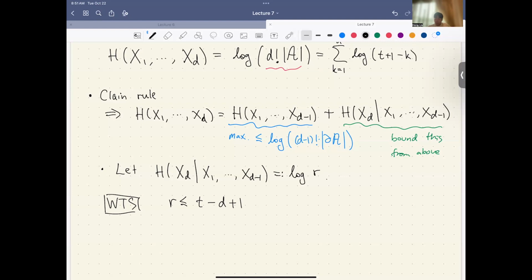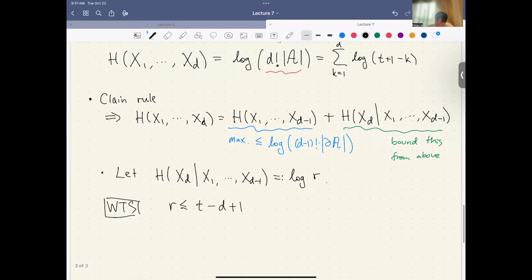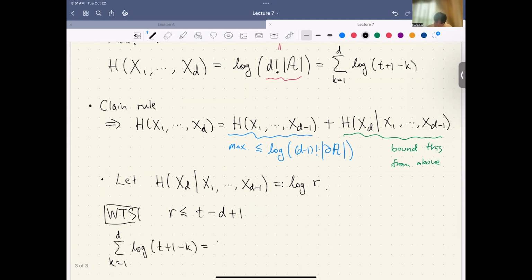If we can show this, we will have, let's see, if this is true, then we have the sum of k from 1 to d of log of t plus 1 minus k. This is a calculation, but let's do it together. We know from the top of the screen that this equals the joint entropy of x1 to xd.